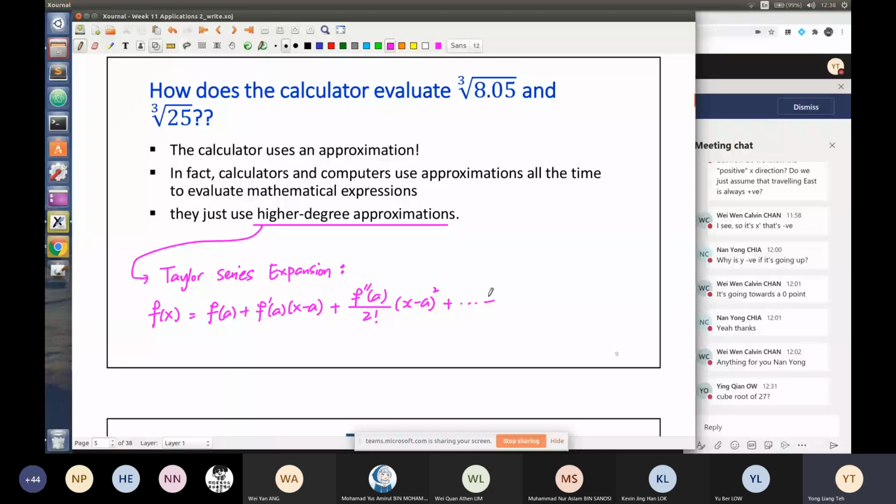I'm just going to give you the general formula: f differentiated n times at a over n factorial times x minus a to the power of n. So this is known as the Taylor series expansion.